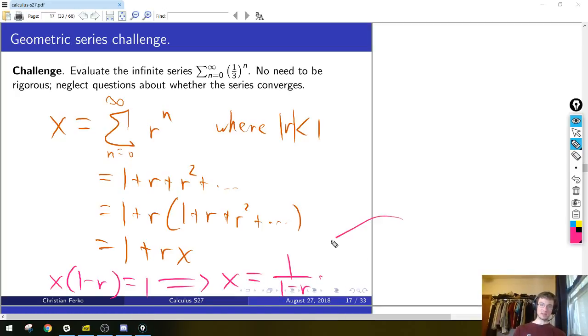So you see that gives us the same answer when r equals 1/3. We get the answer we found a moment ago, 1 over 1 minus 1/3, which is 1 over 2/3, which is 3/2. So this seems magical at this point, because this step was very mysterious, but it can be made rigorous.